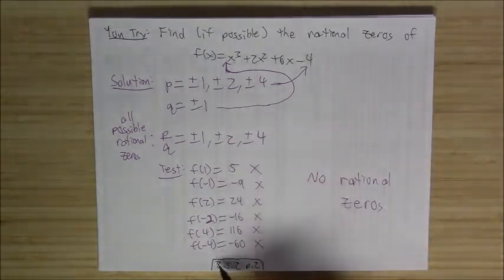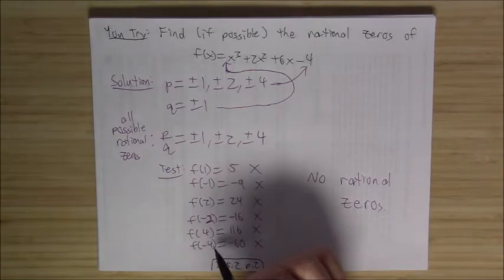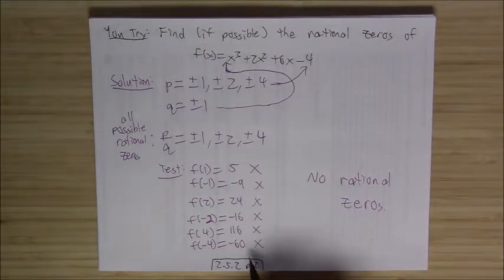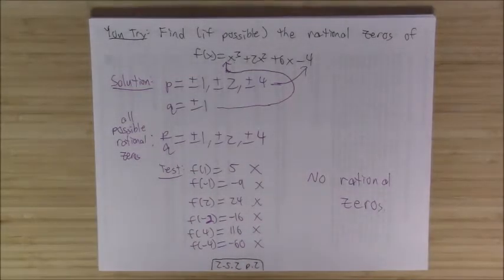Well, let's check all of these. Checking 1, -1, 2, -2, 4, and -4 by plugging all of them into the function, we never get zero out, so none of these are actual zeros, and there are no rational zeros.